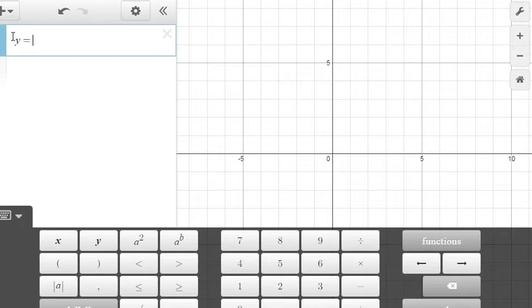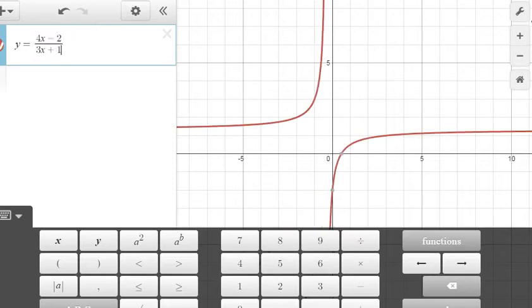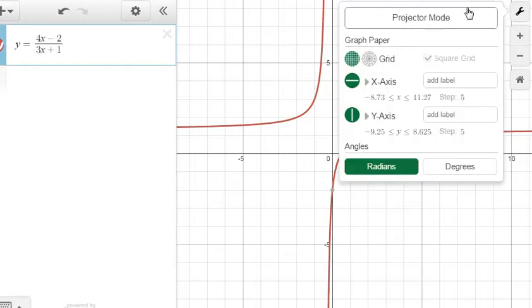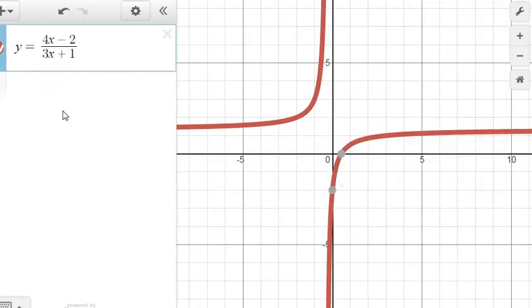So here we go. y equals 4x minus 2 divided by 3x plus 1. This is just a website, right? Yeah, you can use this for free. You don't even have to create an account. I've got an account that I've created, but that's only because I want to store certain graphs. But yeah, it's free. It's Desmos.